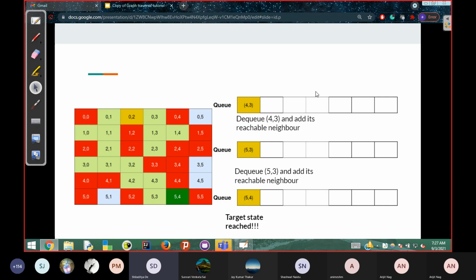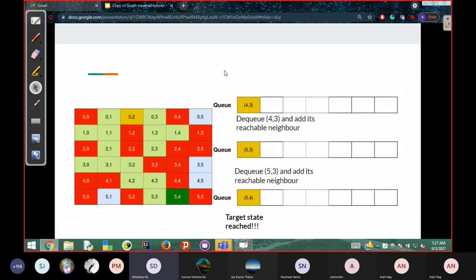Sir, with this method, is it possible to also print the path sequentially? Yeah, it is possible, but for that you need to maintain another queue and write the parent of each position. For 5-4, what is the parent? Parent means the node from which you came, which is 5-3. For 5-3, the parent is 4-3.